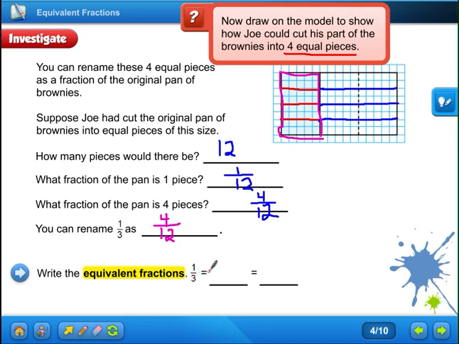So 1/3 is equivalent to 2/6, which is also equivalent to 4/12.